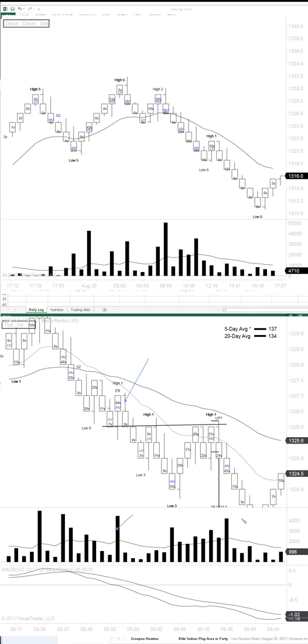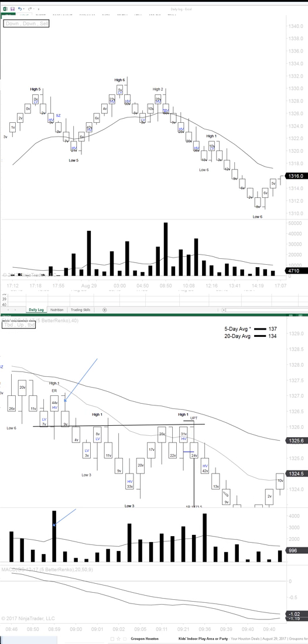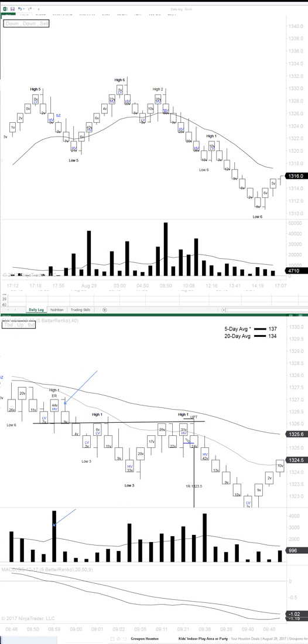Can you see it? So we have high volume that doesn't make any buying progress, and instead attempts to go higher but closes lower.